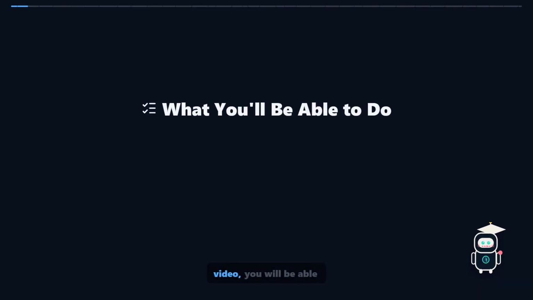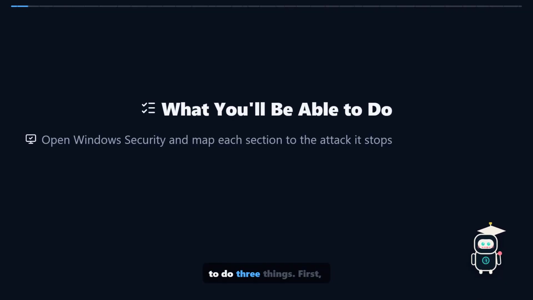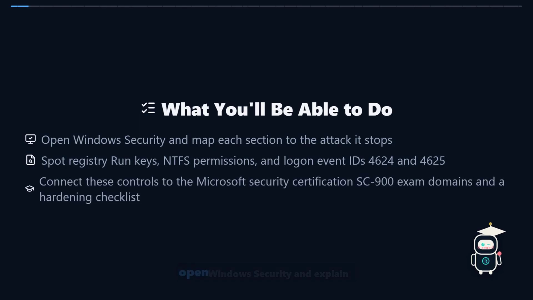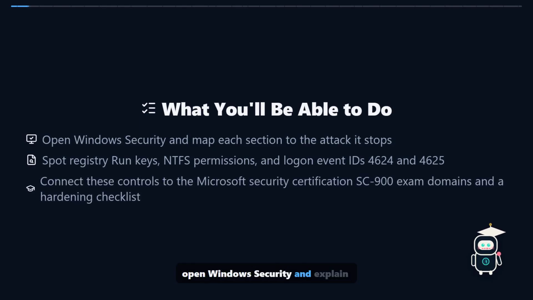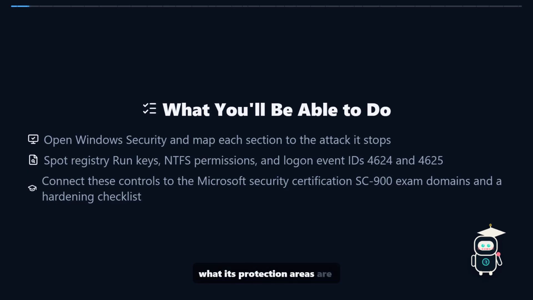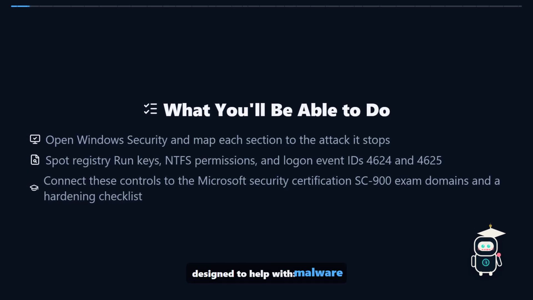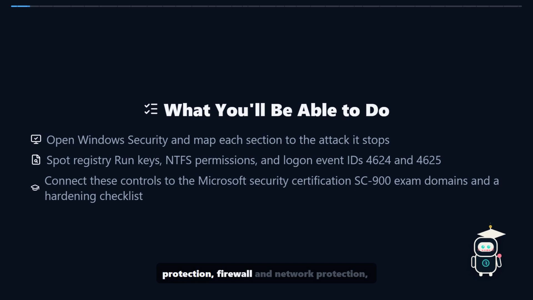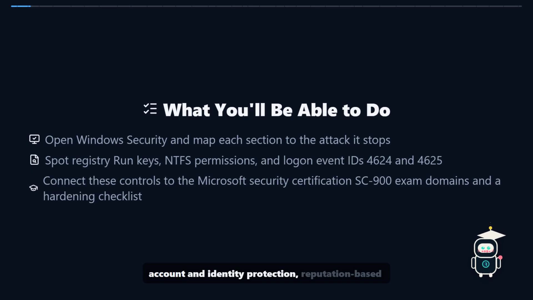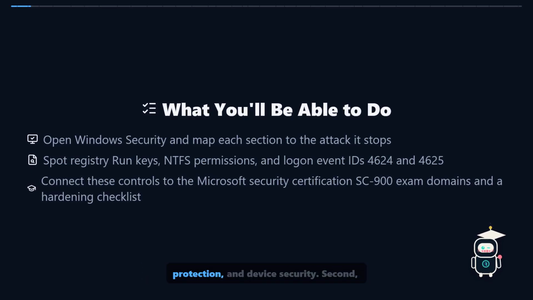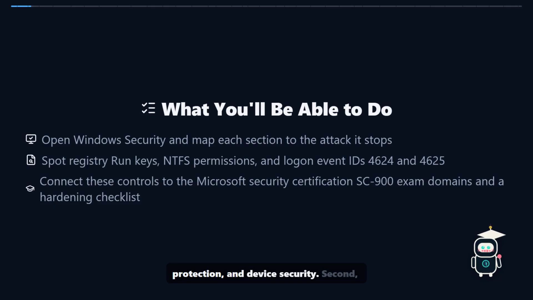By the end of this video, you will be able to do 3 things. First, open Windows Security and explain what its protection areas are designed to help with: malware protection, firewall and network protection, account and identity protection, reputation-based protection, and device security.